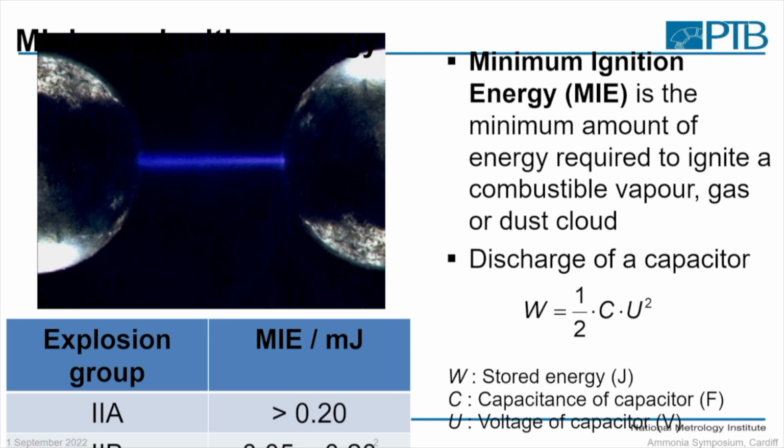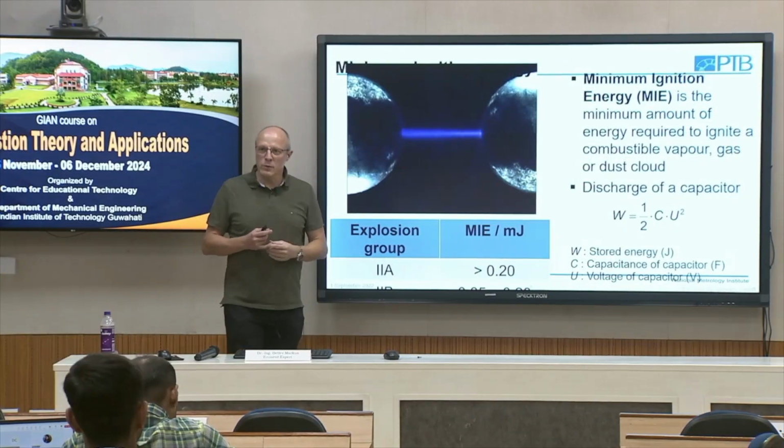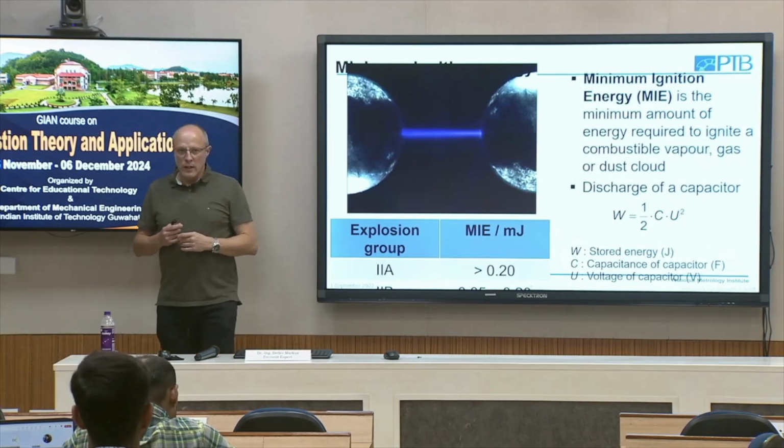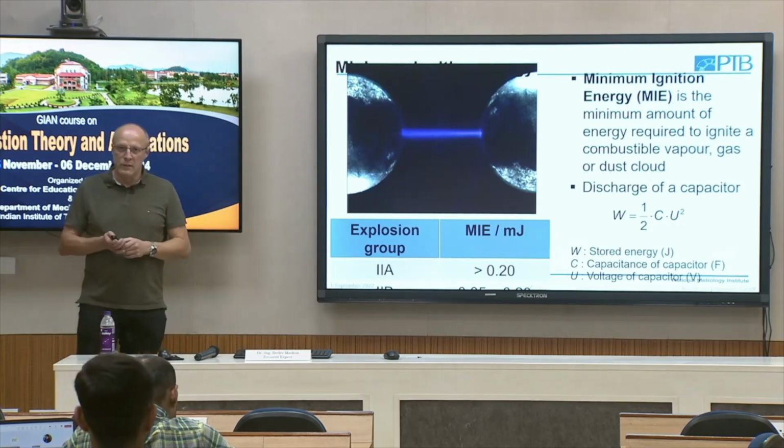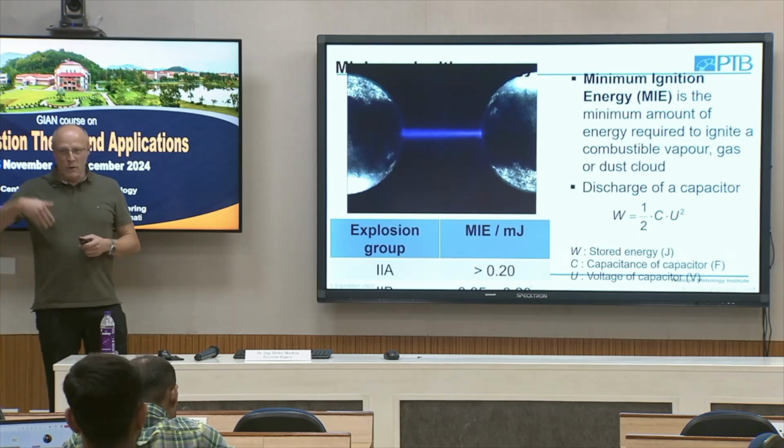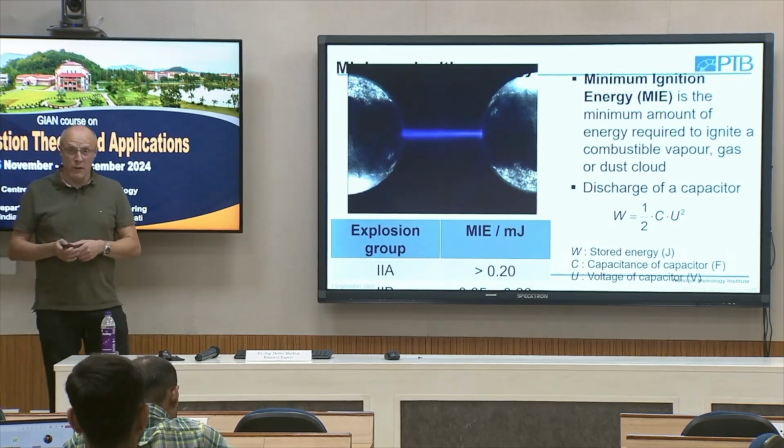So we have just an energy value, but we don't know anything about the plasma we see here, and we don't know anything about the combustion processes and ignition processes leading to a self-sustaining flame propagation.